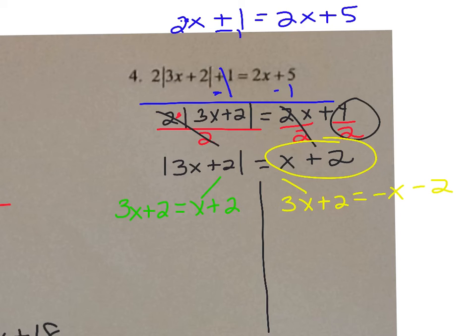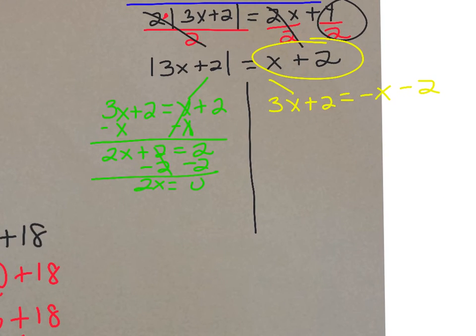I'm going to start solving in the green. Minus x from both sides. 3x minus 1x is 2x plus 2 equals 2. Minus 2. 2x equals 0. Divide both sides by 2. 0 divided by any number is equal to 0.